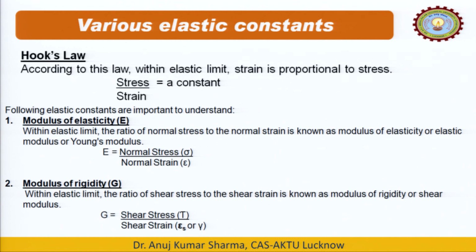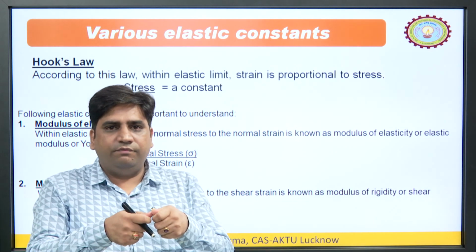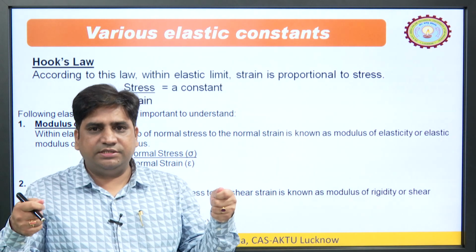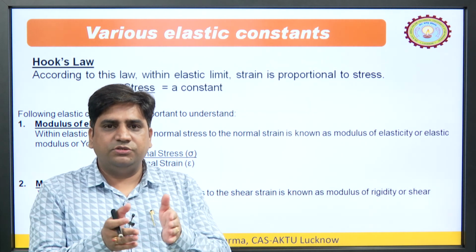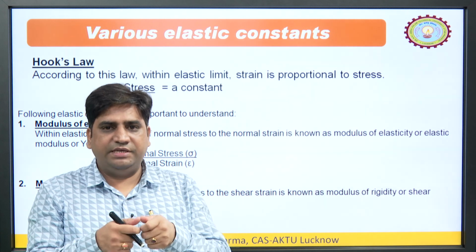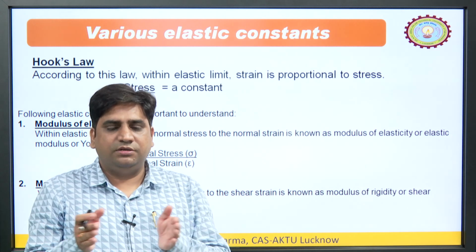Before discussing the various elastic constants, let us have a small discussion on Hooke's law. What is Hooke's law? Within the elastic limit, when we apply some force, the object is stretched, and when we release the force, it comes back to the original position. That is the elastic limit.